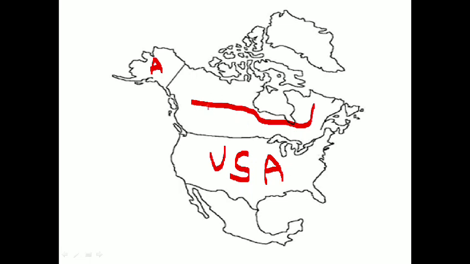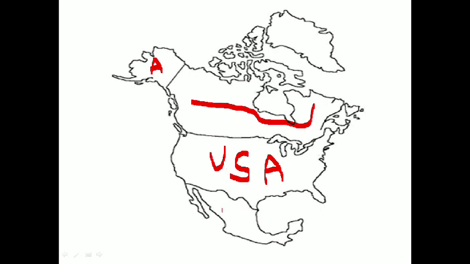So this bigger part, the world's second largest country, is Canada. Whereas USA, this is the mainland, and this is Alaska, the largest state of USA.